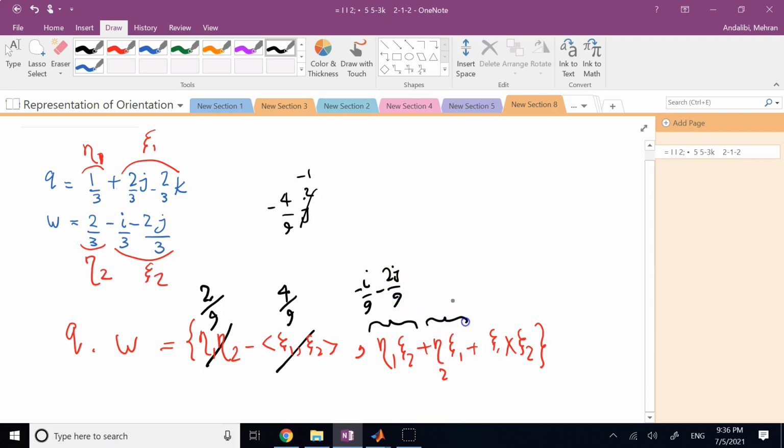Let's do the same thing for here. Multiply 2/3 by those two guys. You will get 4 over 9 j and minus 4 over 9 k.